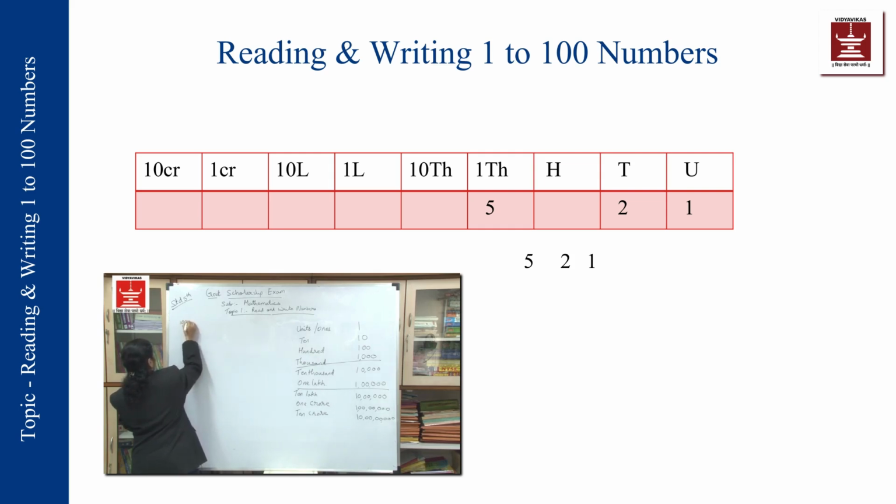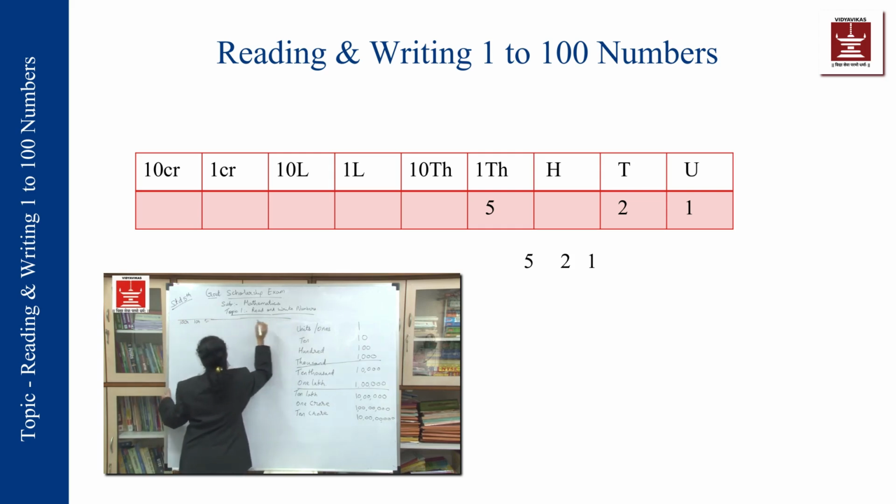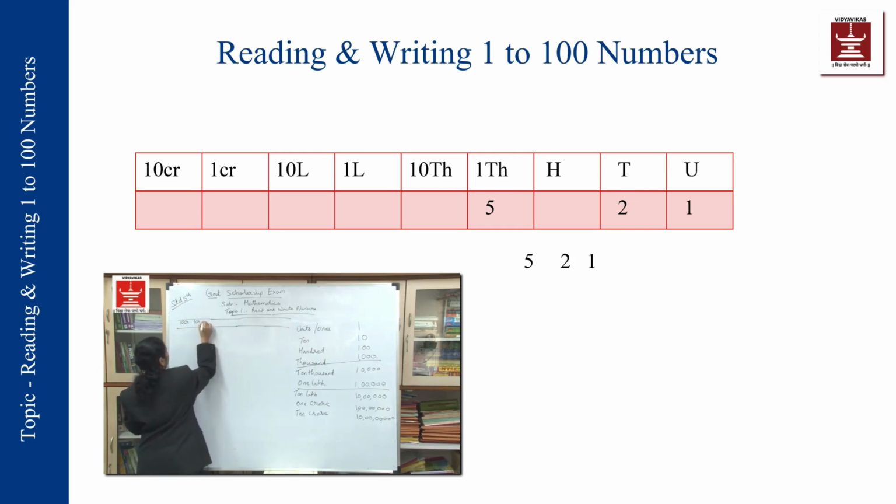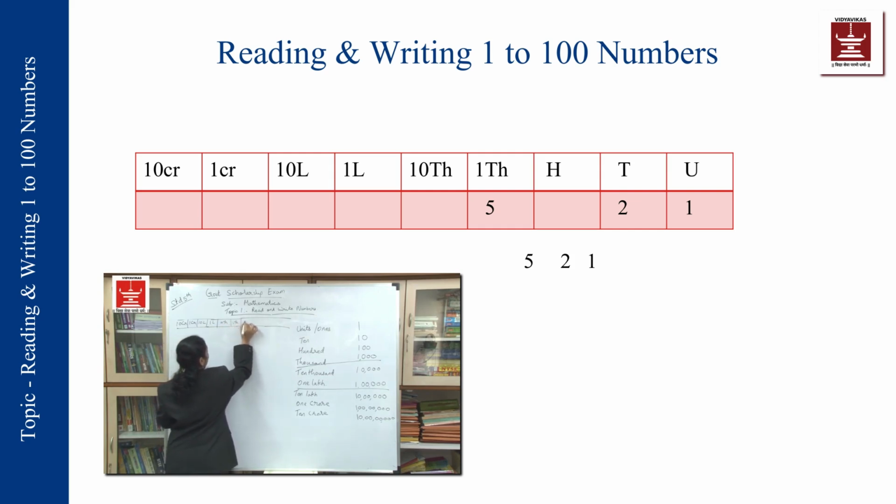Okay, so it is 10 CR, 1 CR. We'll write it in a short form so that we can accommodate all of them. 10 lakh, 1 lakh, 10 CR, 1 CR, 10 lakh, 1 lakh, 10,000, 1,000, 100, tens and units.